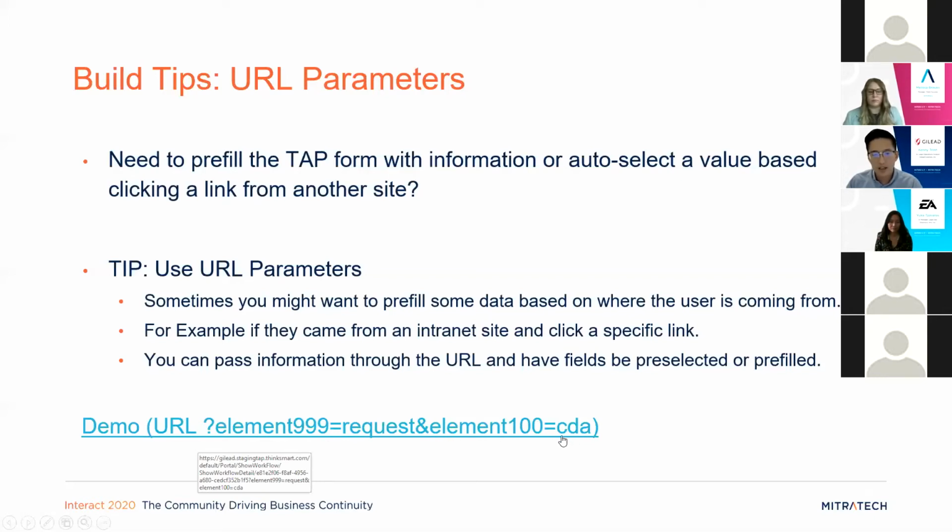We call it a CDA. You guys might call it an NDA. But if I click on this, you'll see that same form pre-populated with some information. So you'll see the first question will populate with the request already selected, and then you'll see that the second one will already select the confidential disclosure agreement, and it'll be ready to go for the user.